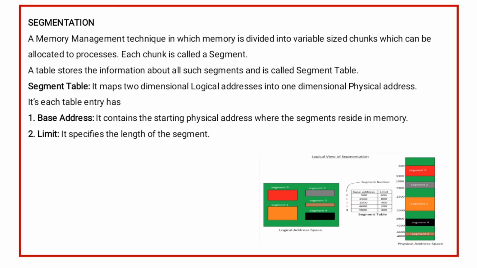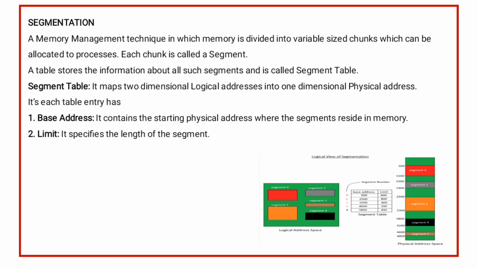Now, the next topic is segmentation. A memory management technique in which memory is divided into variable size chunks which can be allocated to processes. Each chunk is called a segment. A table stores the information about all such segments and is called the segment table. So, what is a segment table?